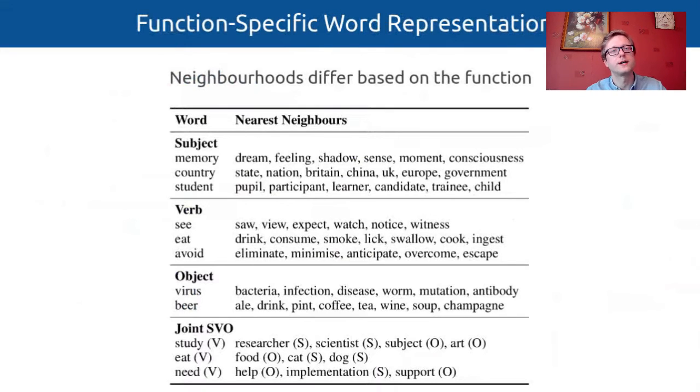But we can also find neighbors across groups. For example, in the bottom part of this slide, you can see that food as an object and cat and dog as subjects are also very close to the verb eat in that space.